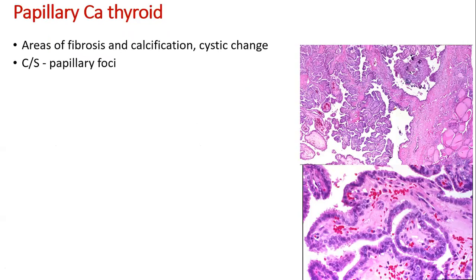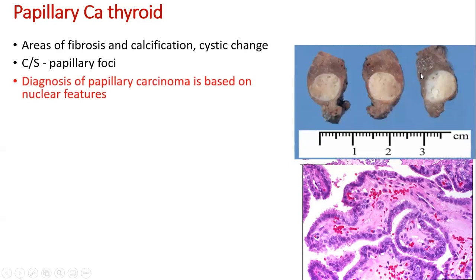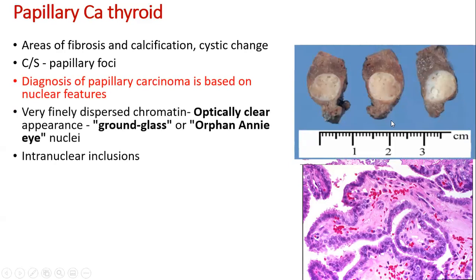Papillary carcinoma is the most common carcinoma of the thyroid gland, and its clinical and pathological features are very classic. Grossly you see areas of fibrosis, calcification, and cystic change, and on the cut surface you can see some papillary structures. The word itself is telling. So this is the thyroid gland with papillary carcinoma.